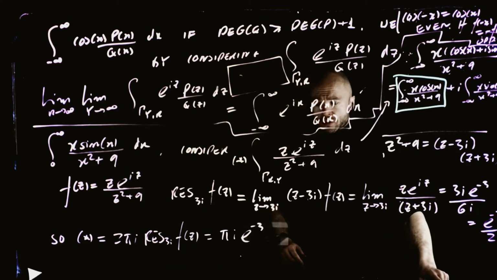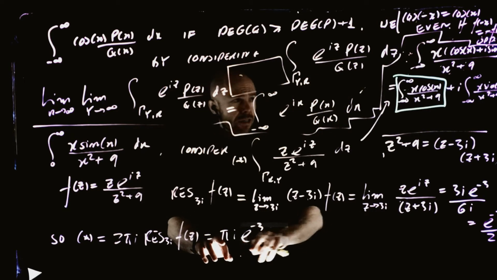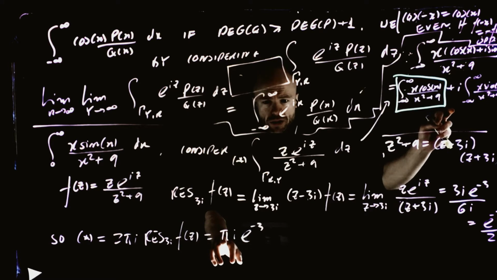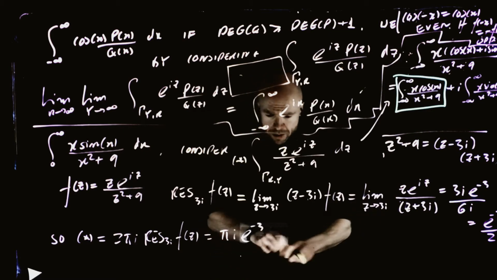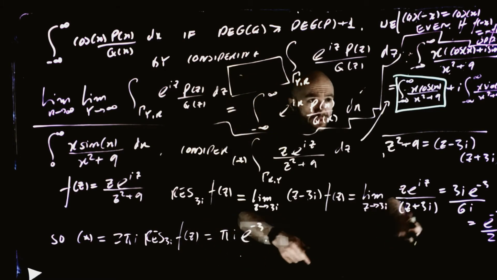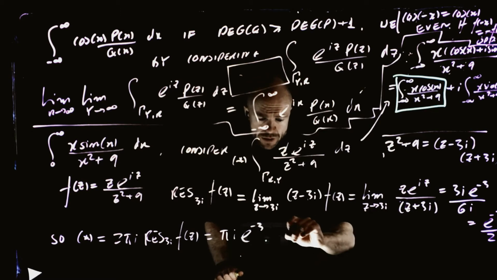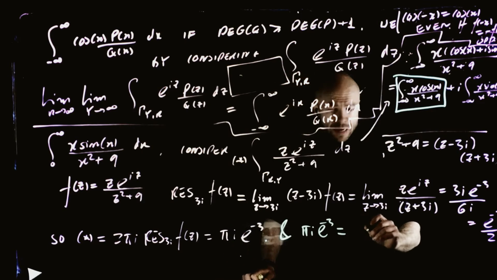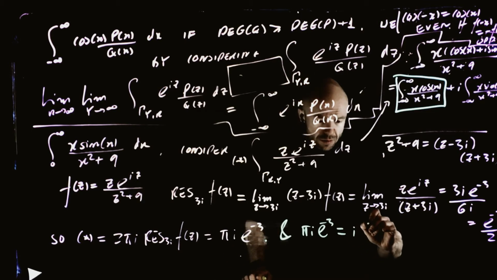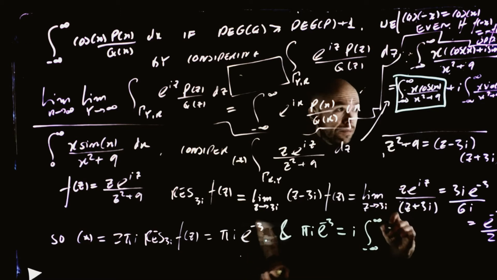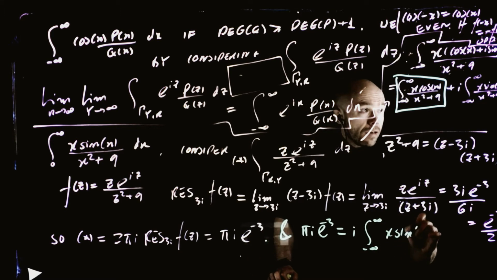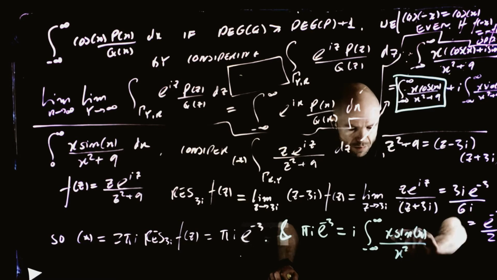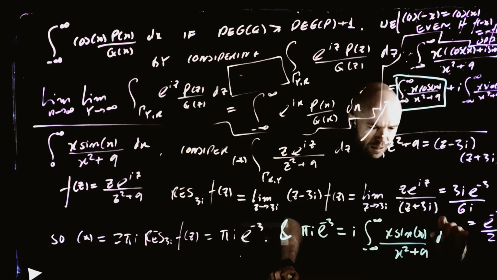All right, cool. So far we're happy because this is consistent with what we see when we expand out the integral we're trying to calculate. And as a consequence of this calculation, we have that pi i e to the minus 3 should be equal to the sine part, the integral from minus infinity to infinity of x sine of x over x squared plus 9 dx.